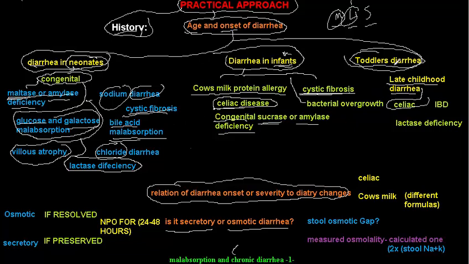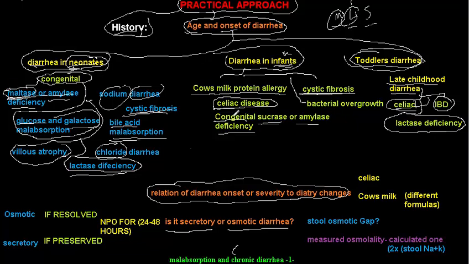We have causes like celiac disease and inflammatory bowel disease, Crohn's and ulcerative colitis. Lactase deficiency is still possible here. So if you notice, in neonates we have lactase deficiency as a cause, or maltase deficiency.